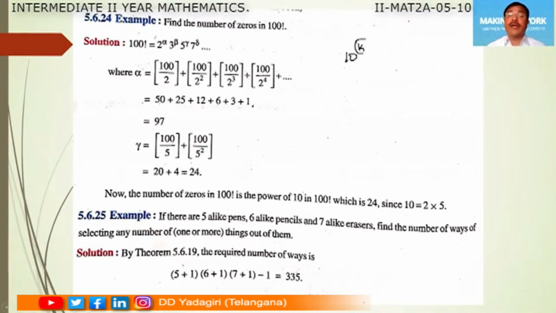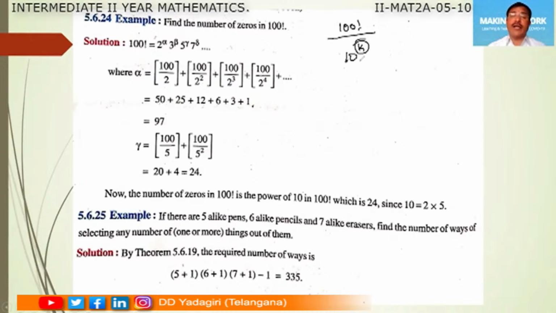If 100 factorial is divided by 10 power k, this value k represents the number of zeros in the 100 factorial.